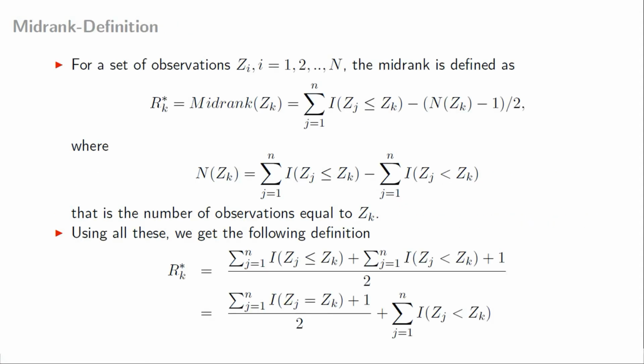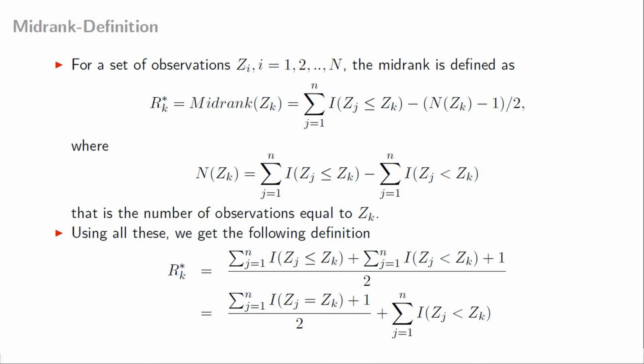So now we shall define midrank mathematically. For a set of observations zi, i from 1 to n, the midrank is defined as Rk star, which is the sum of the indicators zj less than or equal to zk, where the sum runs from j from 1 to N, minus (n zk minus 1) divided by 2, where n zk is the number of observations equal to zk.